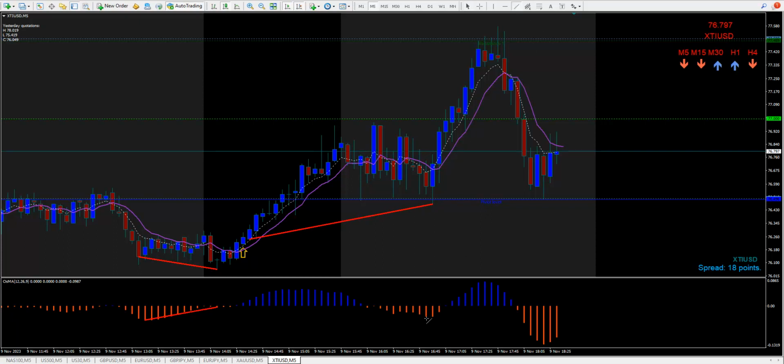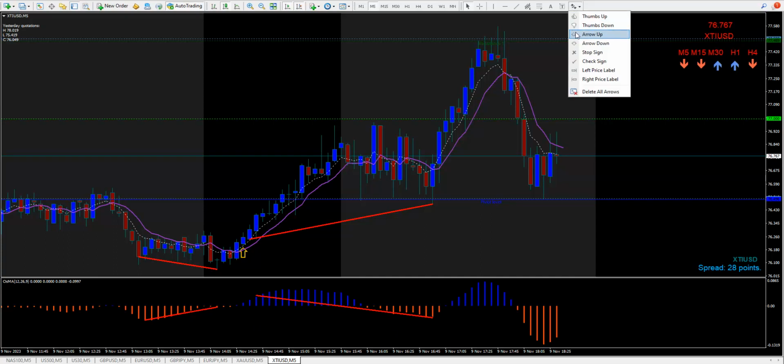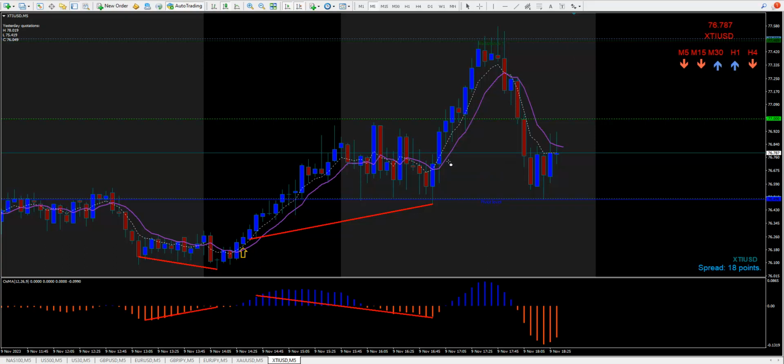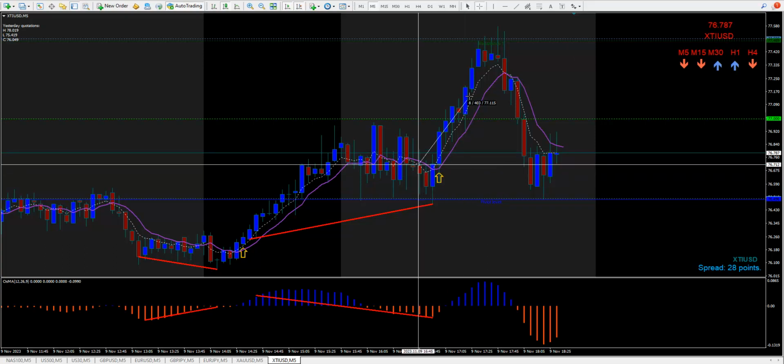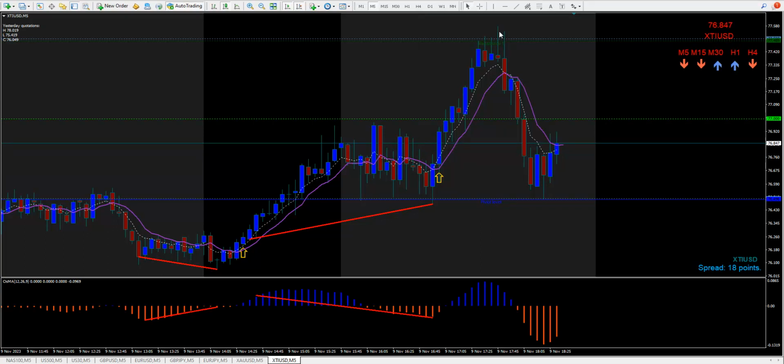Right there, see it? One going down, one going up. That's divergent, baby. So your entry probably would have been here. Went up 84 points, ladies and gentlemen. That's CL, crude oil.